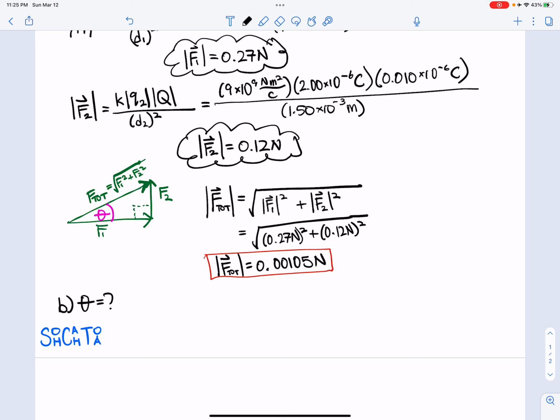So let's say the tangent of theta is the opposite of theta, which is F2, over adjacent, which is F1, right?